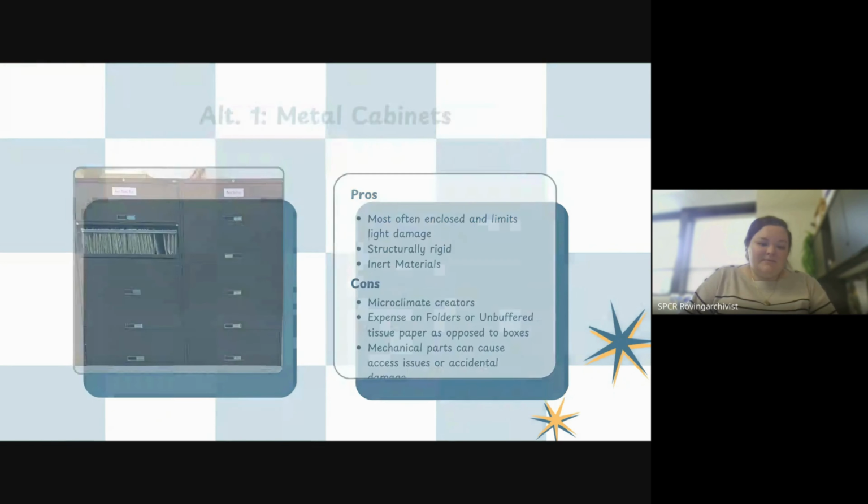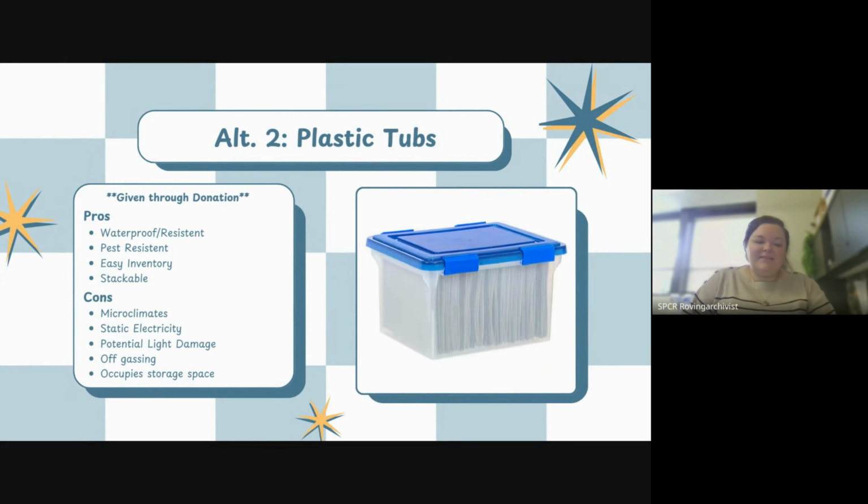Option number two, we don't necessarily love these, but the plastic tubs. I know personally, I find these really useful for my records at home. I put a lot of my Christmas decorations in these plastic tubs, right? Because of their waterproof, resistant nature, they are almost a natural barrier to pests most of the time, as long as there's no cracks or anything in them.